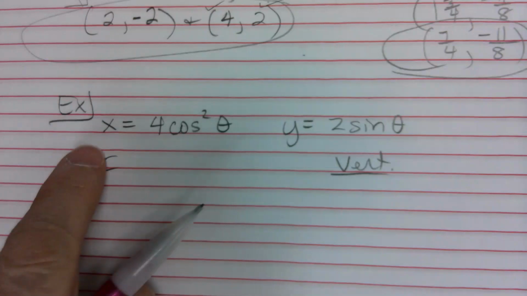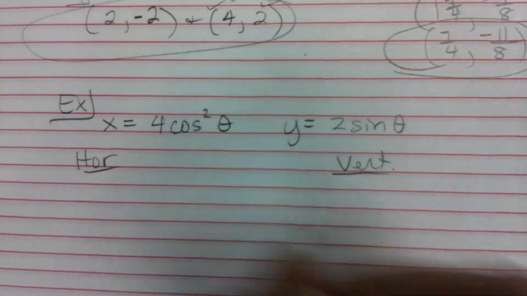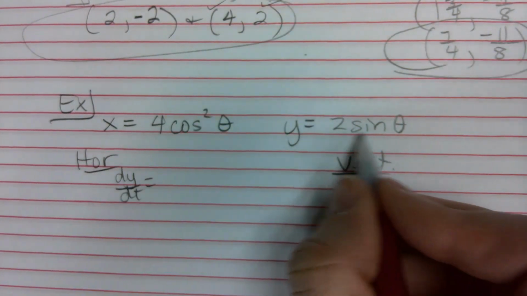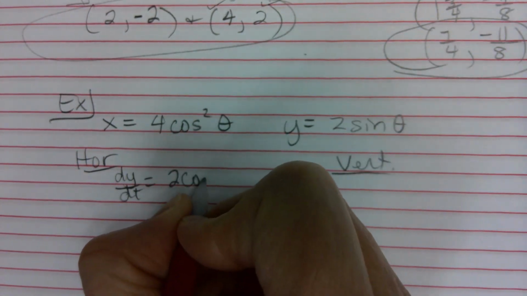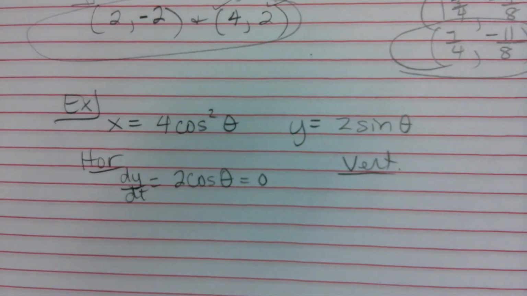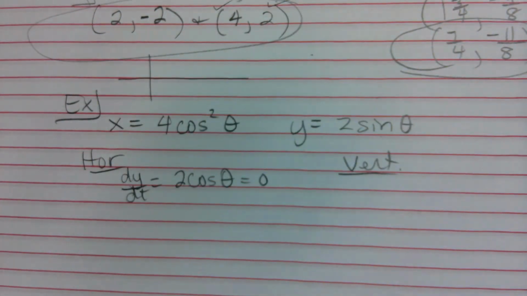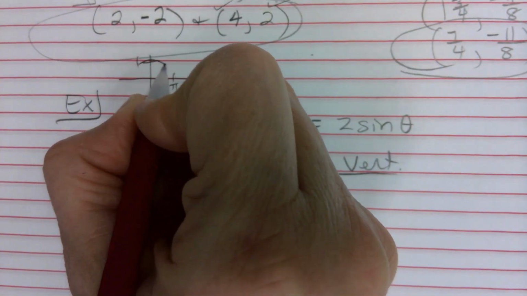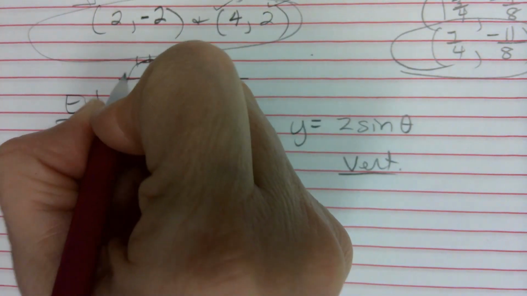Probably should have done them backwards because the vertical comes from dx/dt being 0. But what is dy/dt equal to? 2 cosine theta. Where does cosine theta equal 0? Pi over 2. Where else? 3 pi over 2. Negative pi over 2.